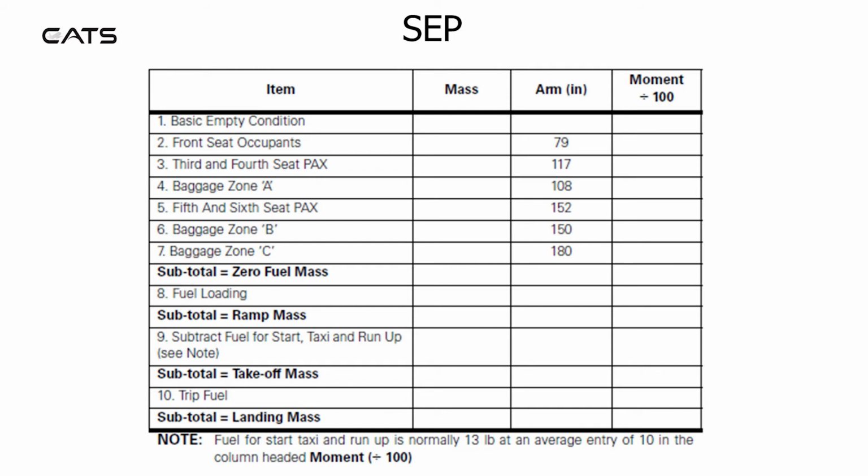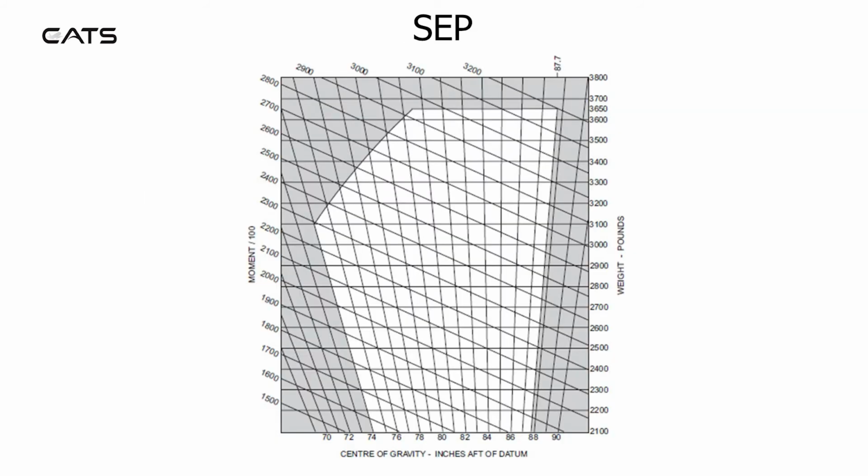Subtract the trip fuel, and this will result in the landing mass and enable a calculation of the landing CG. The centre of gravity positions for zero fuel mass, takeoff mass and landing mass can be added to this graph, and it's important that they remain within the limits of the envelope.